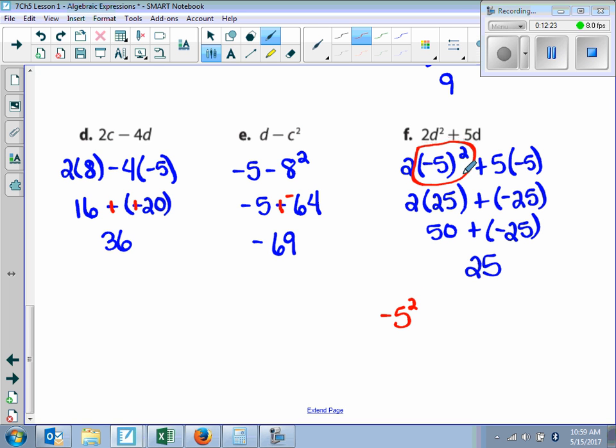Up here, inside the parentheses, it's negative 5 times negative 5, because the 2 is right next to the parentheses, which includes everything inside the parentheses. Down here, the 2 is right next to the what? The 5. It's right next to the 5, which does not include the negative. So this is going to be 5 squared, which is positive 25, and then the negative gets applied afterwards. Does everybody see that? You see the difference between what's written up here is going to give us a positive 25, and what's written down here is going to give us a negative 25.